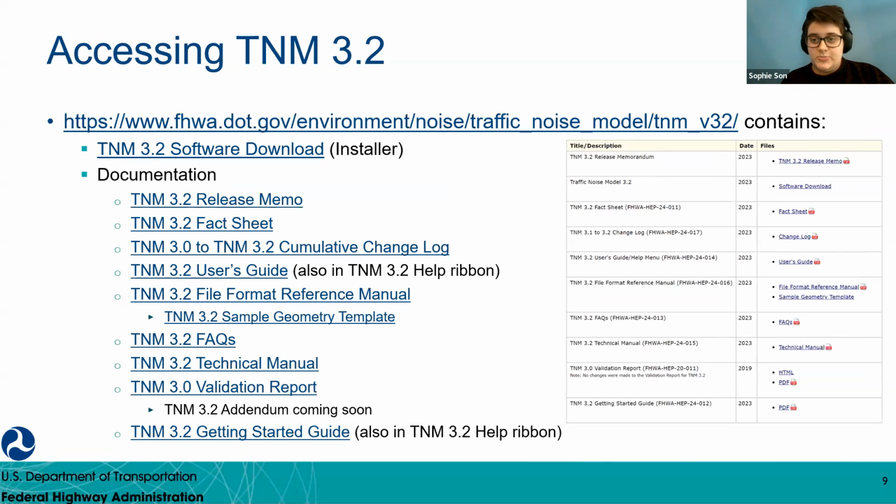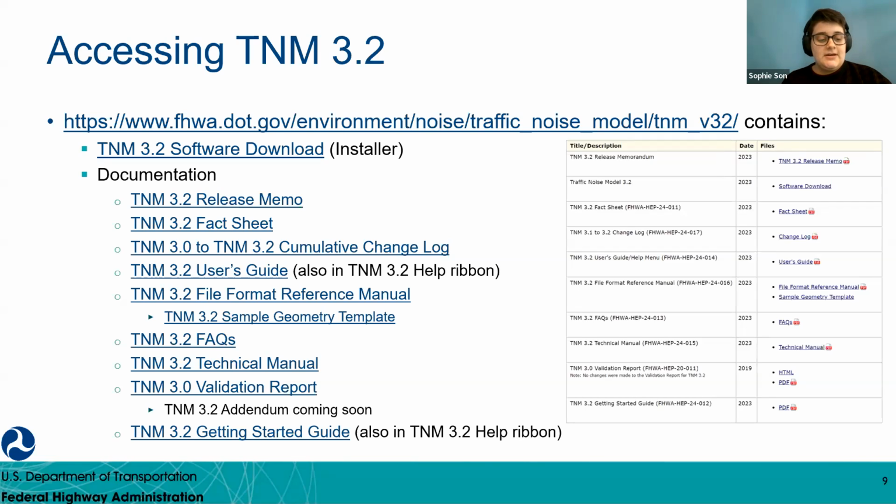And for the validation report, what's currently linked on the website is the TNM 3.0 validation report, which still stands for TNM 3.2, because between TNM 3.0 and TNM 3.1, no acoustic changes were made. It was all removing the database and usability improvements, no acoustic algorithm updates.